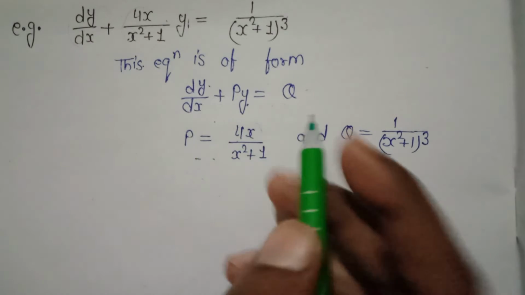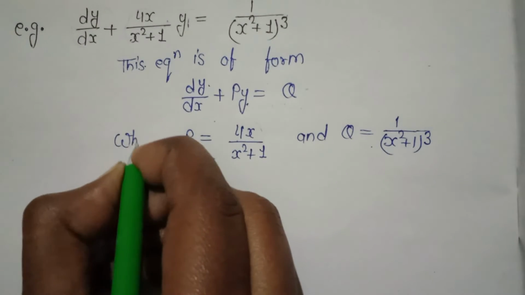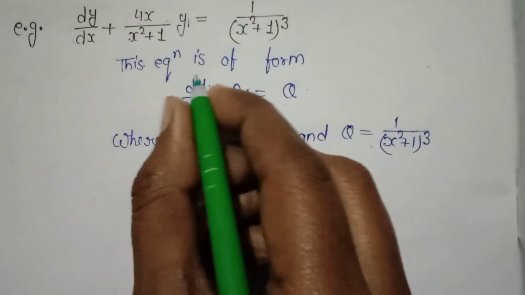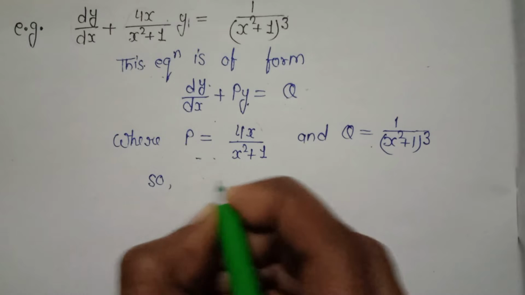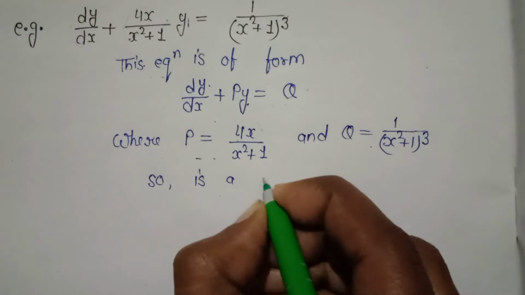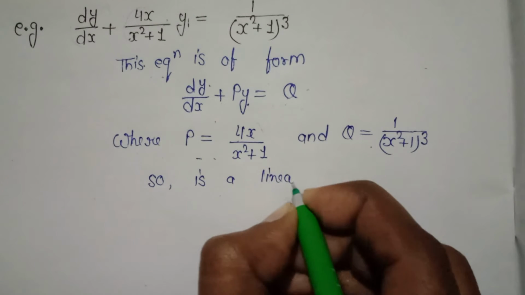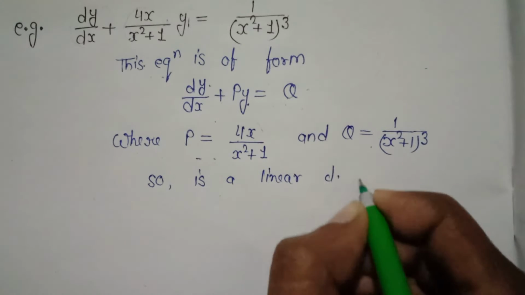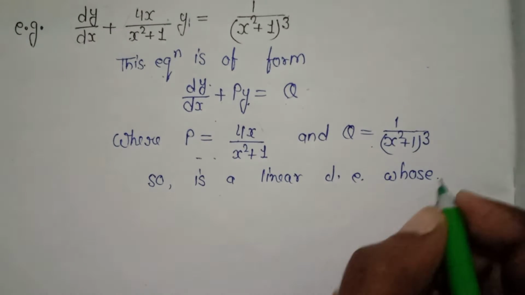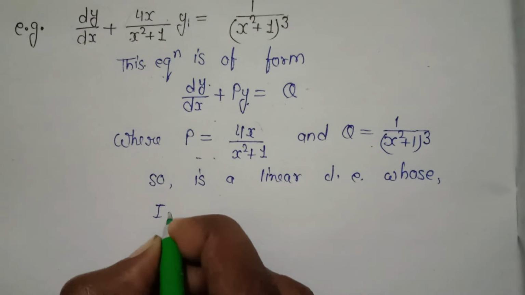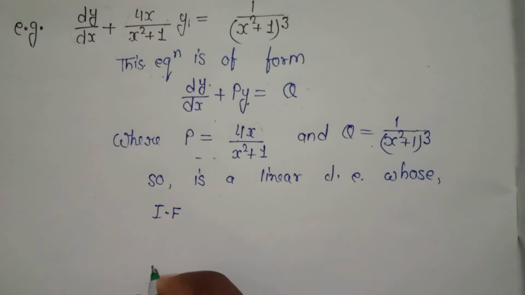This equation is of this form, so it is a linear differential equation whose integrating factor, I told you the formula of the integrating factor when the differential equation is linear in y.